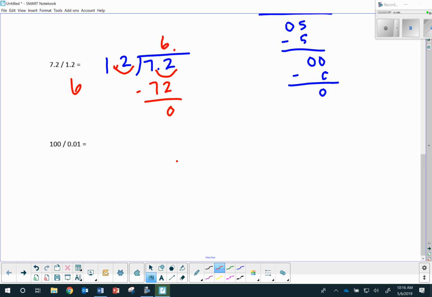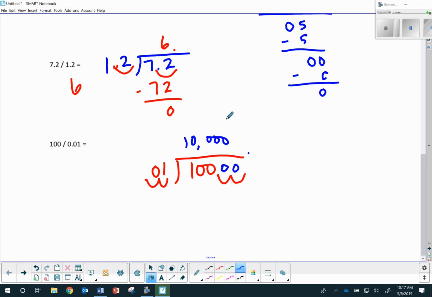So now we're dividing 100 by 0.01. If I move it over 2 places in my divisor to get 1, my decimal is at the back of 100, so then I move it 2 places over, fill it in with zeros, and move it straight up. 1 will go into 10,000 times.